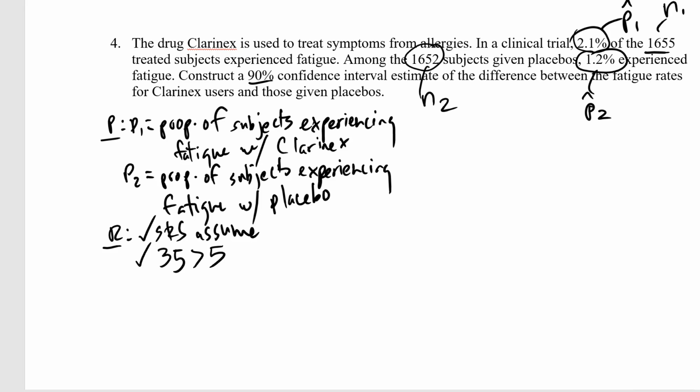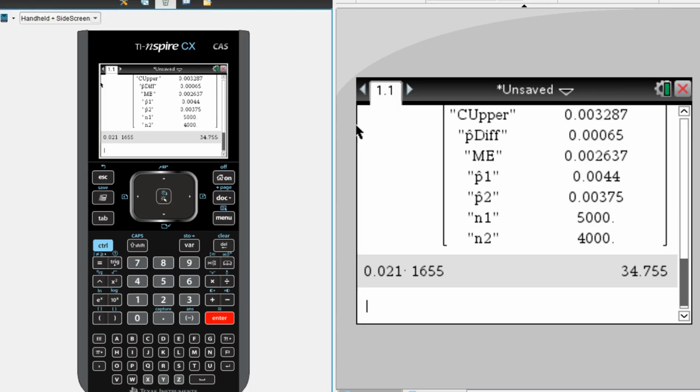Okay? While I'm here, this will be our successes. I can probably calculate the failures at the same time. So that would be 35 out of 1655. That would be the other 1620 non-fatigue people, right? Here they had 1.2% of the 1652.